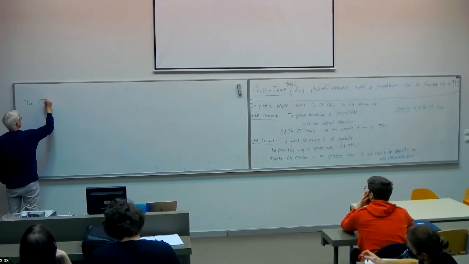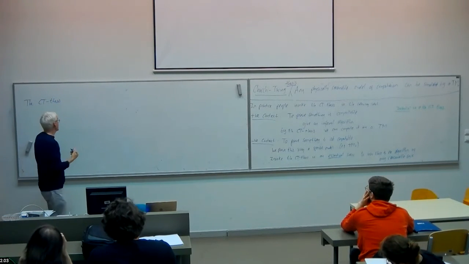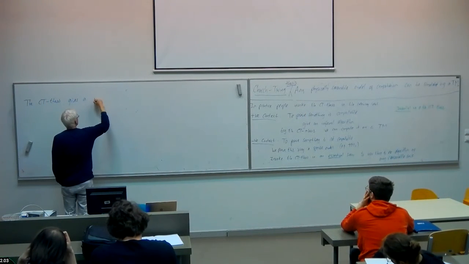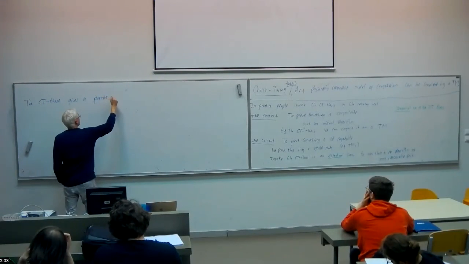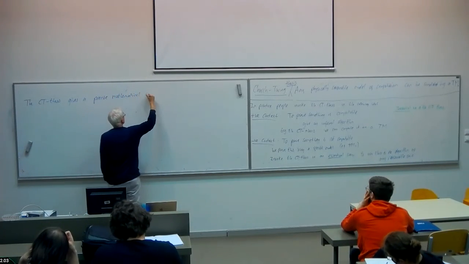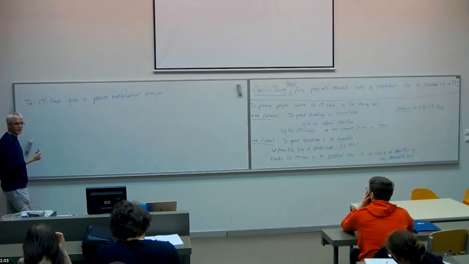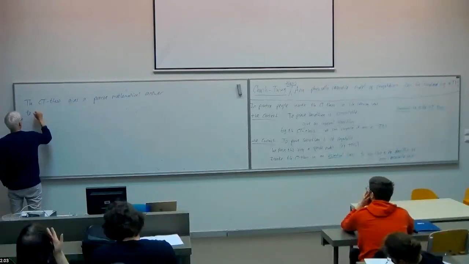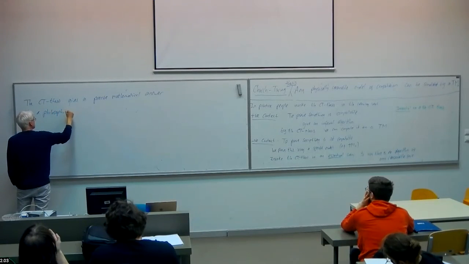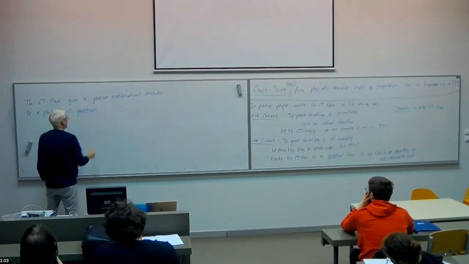The Church-Turing thesis, if true, which we believe it is, gives a precise mathematical answer to what I view as a fundamental question: what is an algorithm?